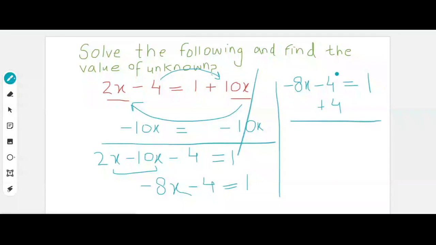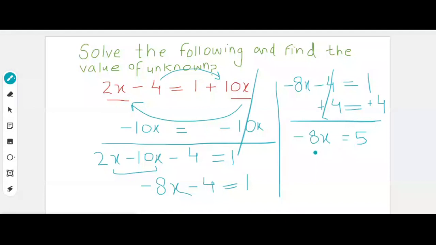Because we need to eliminate 4 from the left hand side of the equation and shift it to the right side of the equation. So minus 8x will be as it is. We'll just write it as it is, okay? And minus 4 plus 4 will be cancelled. 1 plus 4 is 5.